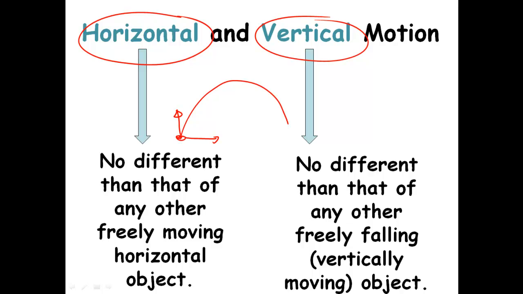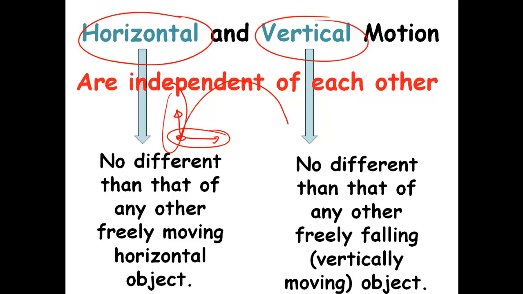If you can think about things in advance, tell me about a horizontal motion. Gravity doesn't affect things horizontally, which means it moves on its own inertia. Gravity does affect things vertically, so gravity is going to be the defining detail as to how high that's going to go and how much time it's going to spend in the air.